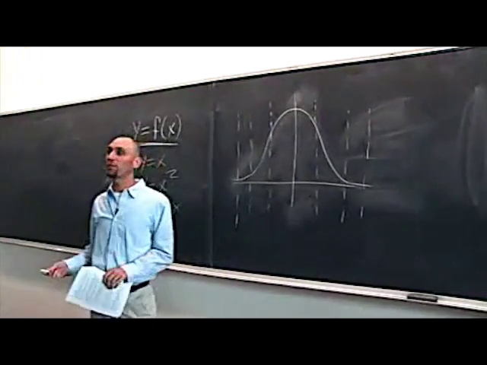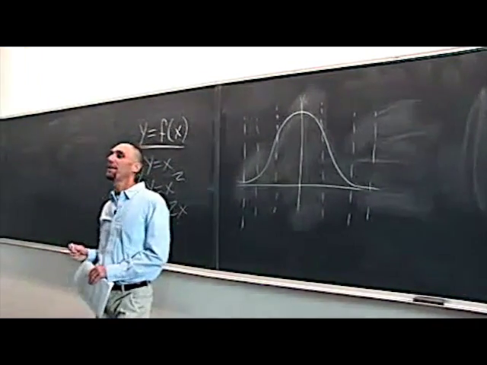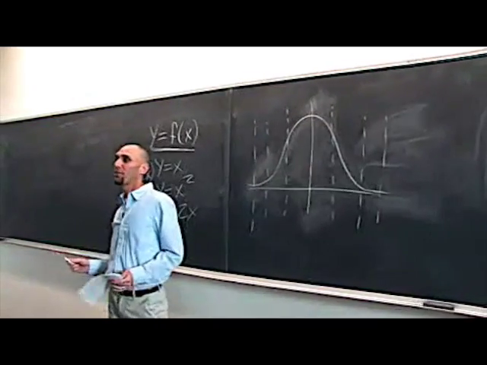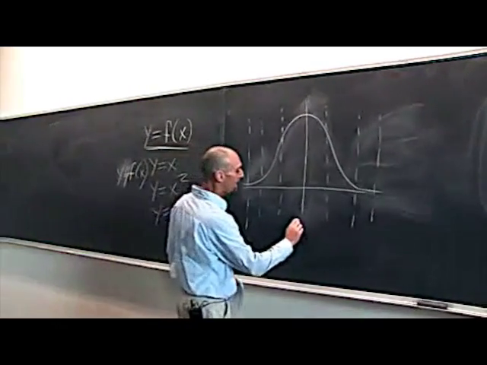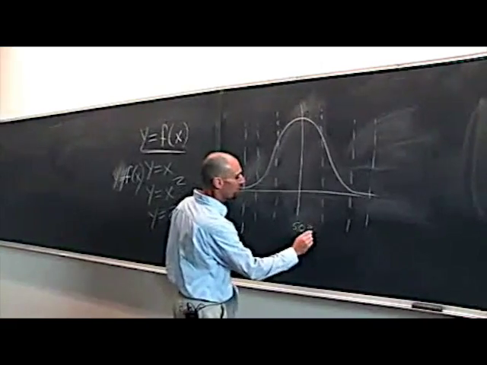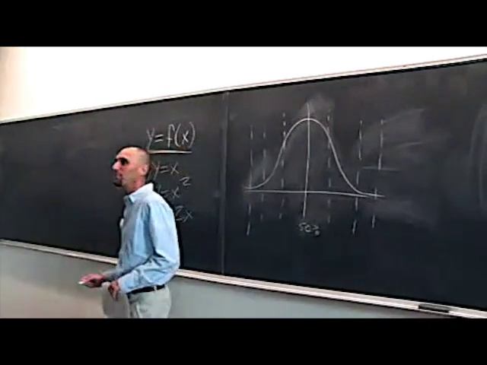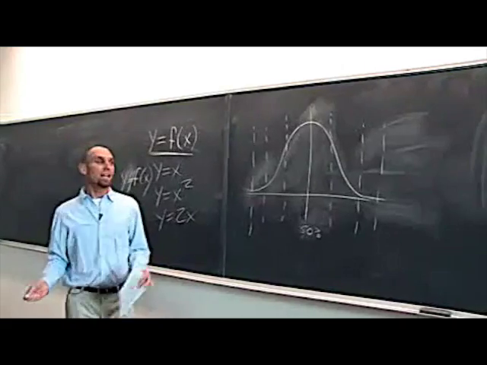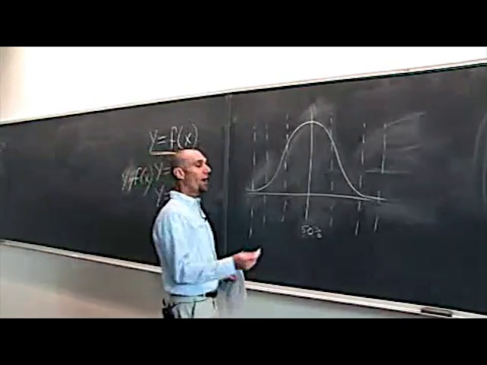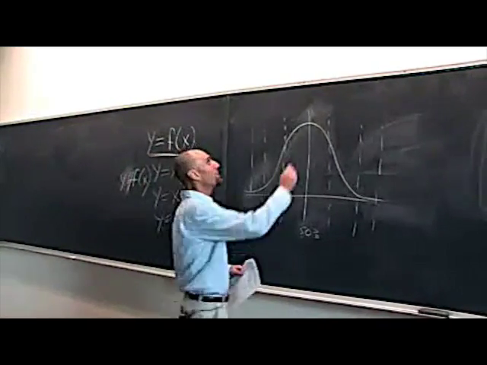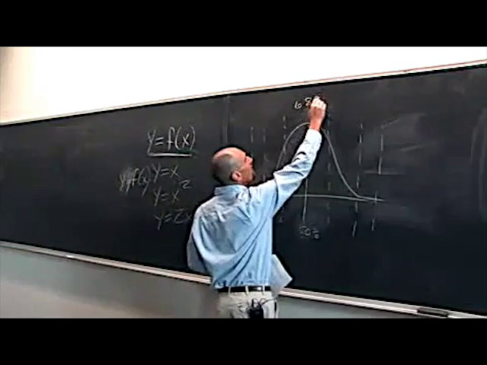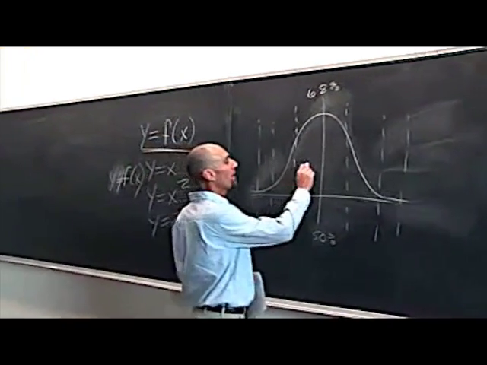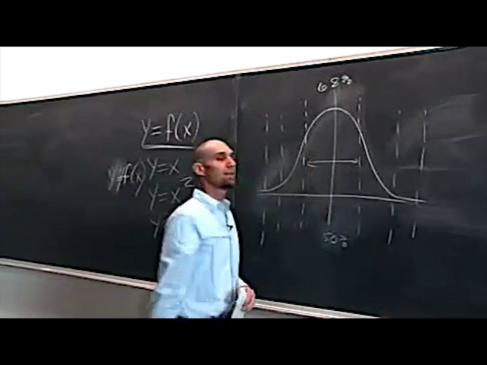If we have a normal distribution, say we've done some sort of a survey, and we've asked approval ratings for President Obama. Let's say our mean is 50%. Well, if we have a normal distribution, we know that approximately 68% of the people that we ask are going to be within one standard deviation of the mean.